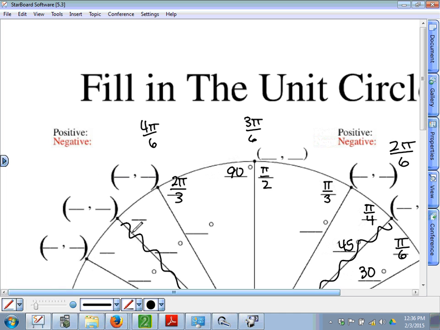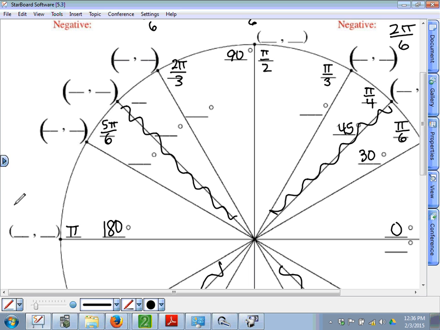Now we're skipping this middle one here, so the pattern has to go to here. So we had 4 pi over 6, so then this one would have to be 5 pi over 6. And then we have 6 pi over 6, but what's 6 pi over 6? Pi. That's just pi. So we had 5 pi over 6. Here we had 6 pi over 6.